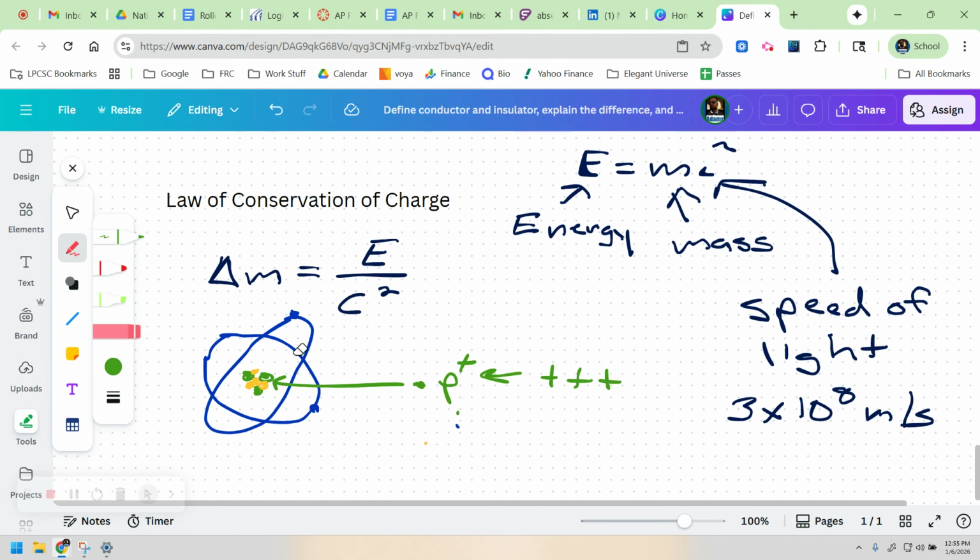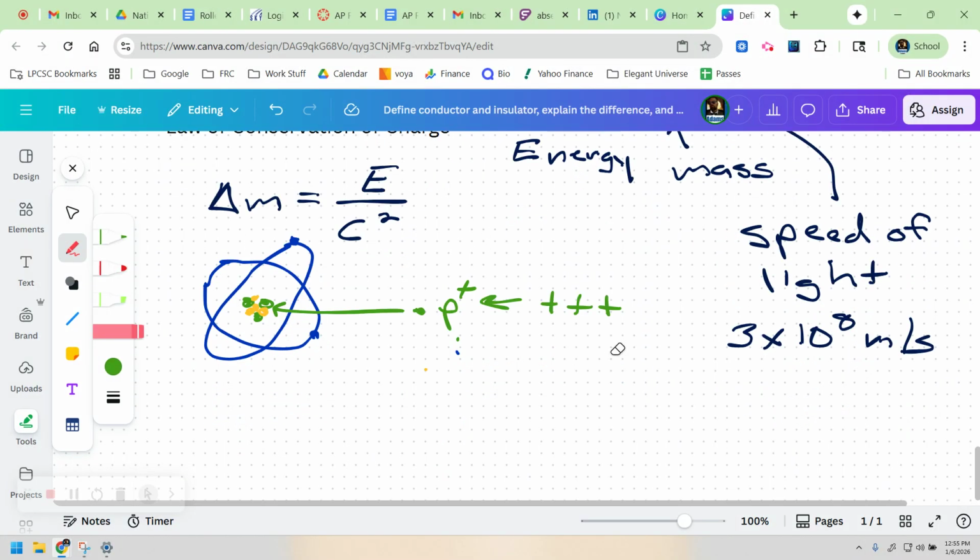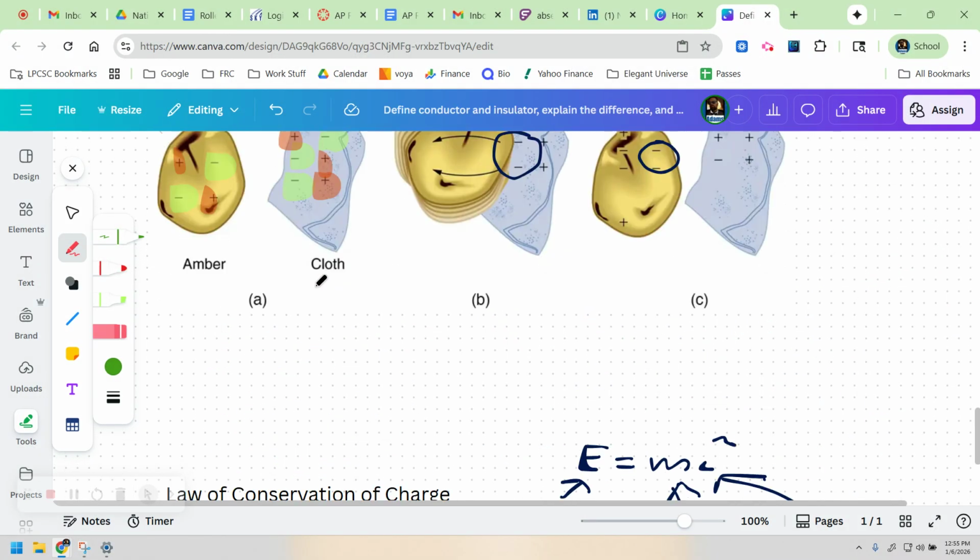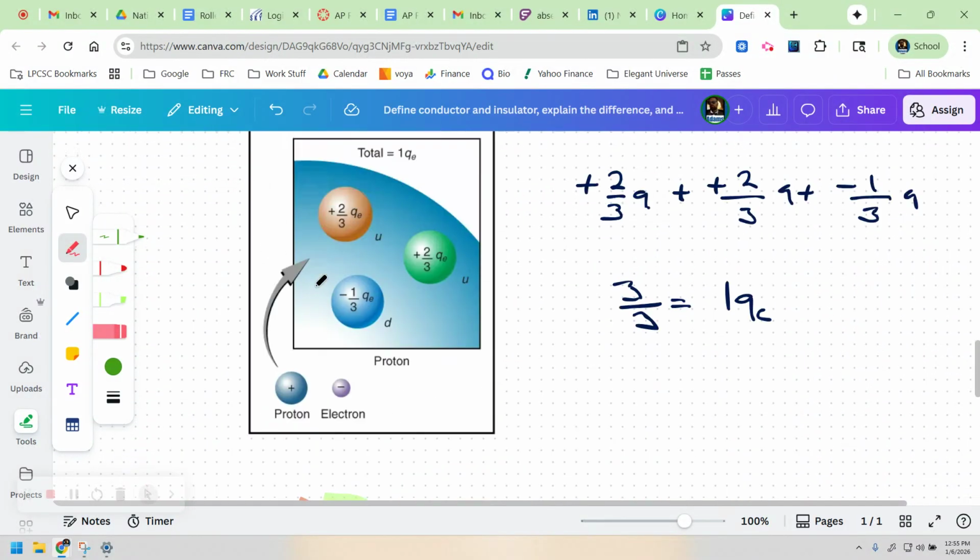So after the collision, you have these protons. It's a miniature nuclear reaction, but those protons go flying everywhere and collide into other protons from other nuclei. But there's so much energy that it literally breaks the protons into these little charges.